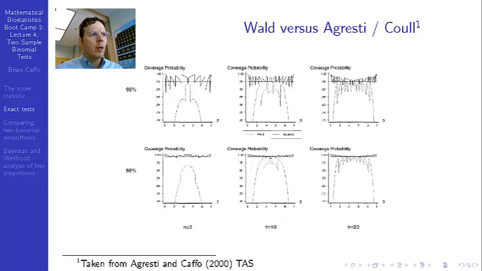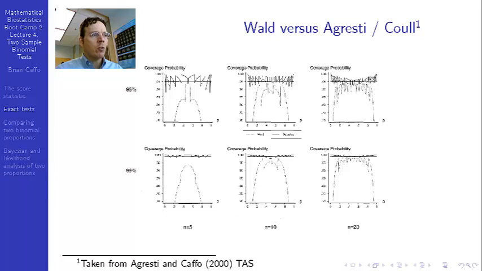Here, what we did is we compared the coverage rate of the Wald interval versus the approximate interval obtained by inverting the score test and simply plugging in 2 rather than 1.96. What you see in these top lines is that they're jagged because of the discreteness of the binomial distribution.